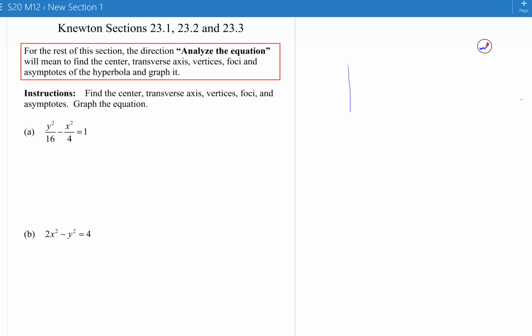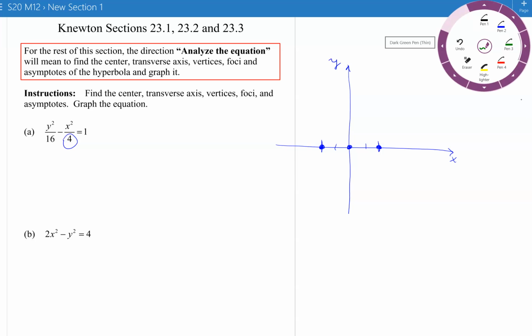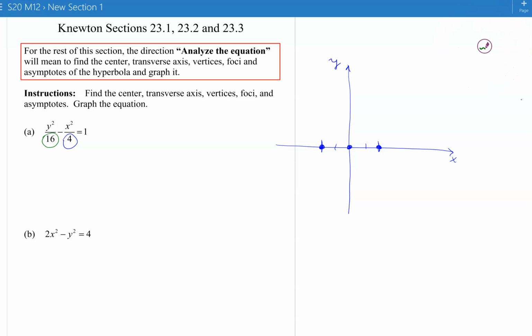A is the equation of a hyperbola with the center at the origin. Let me label my axes, x and y. In the x direction, I go a distance of 2 to the right and 2 to the left. Then in the y direction, I go a distance of 4 up and 4 down.